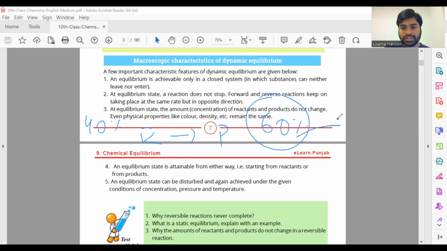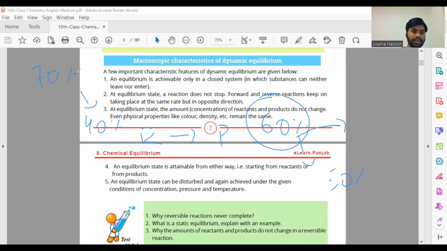I withdraw some of the products, and it comes down to 30%, and I add some of the reactants over here, let's suppose 70%. So I have disturbed the equilibrium.